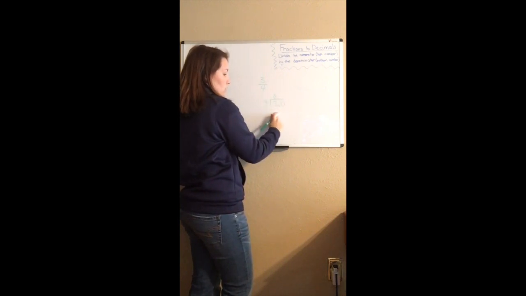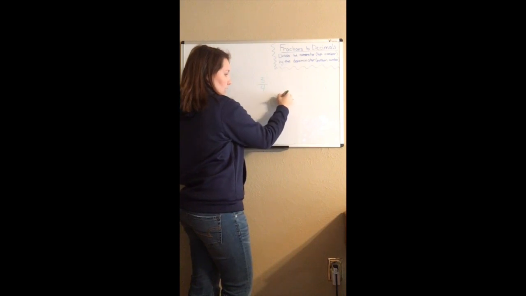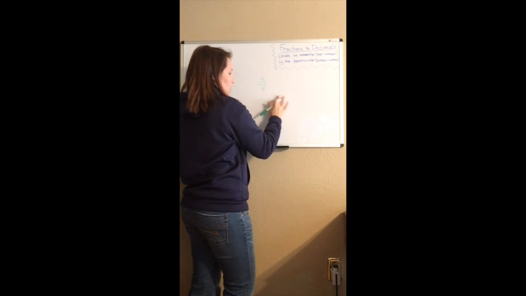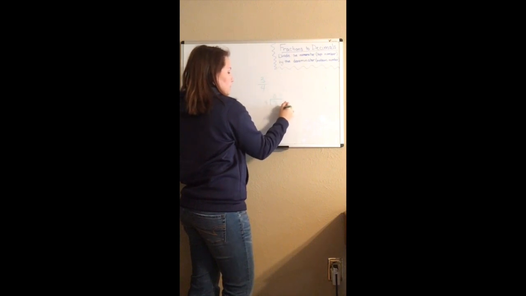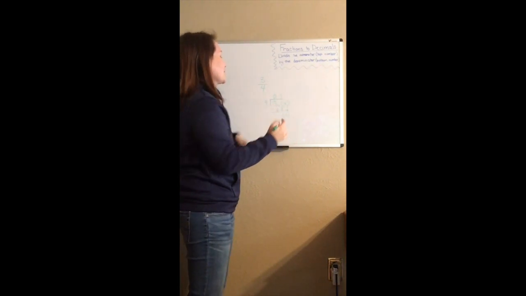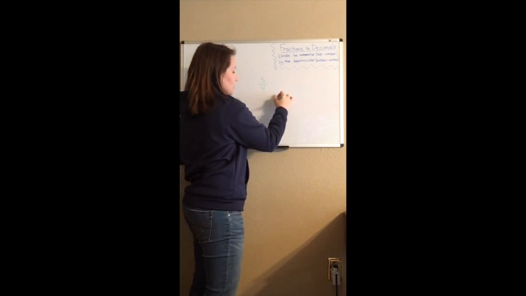So then we have 4 goes into 30 8 times, or sorry, 7 times. 28. Remainder 2. I've got to bring down that 0. 4 goes into 20 5 times.